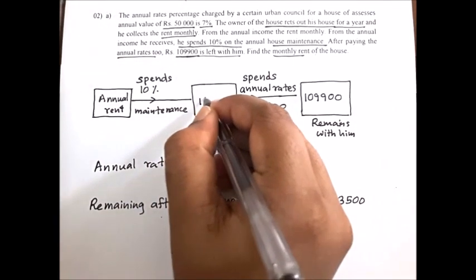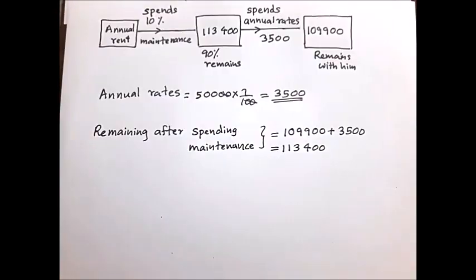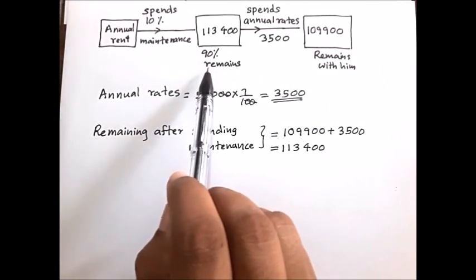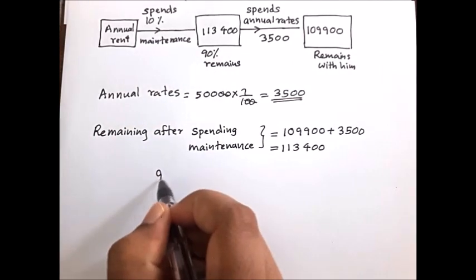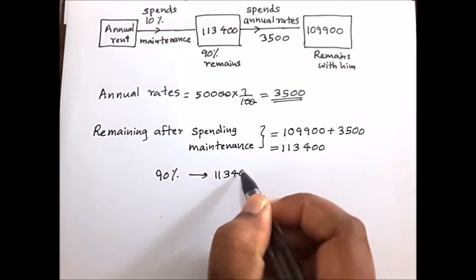Here the value is 113,400. It represents 90% of the annual rent.